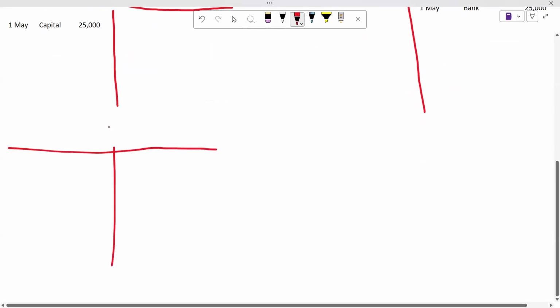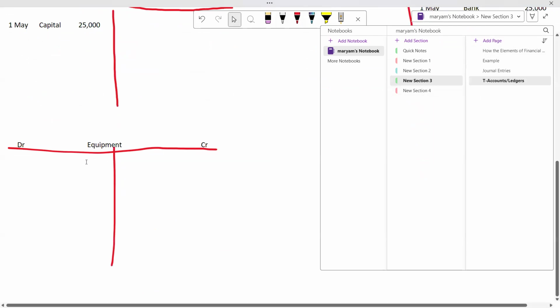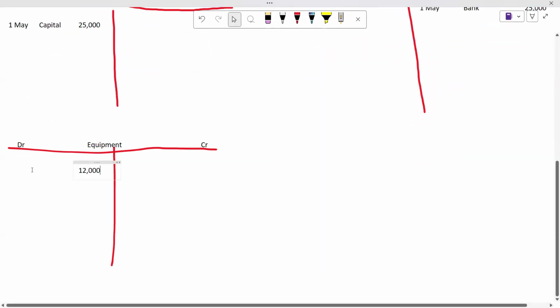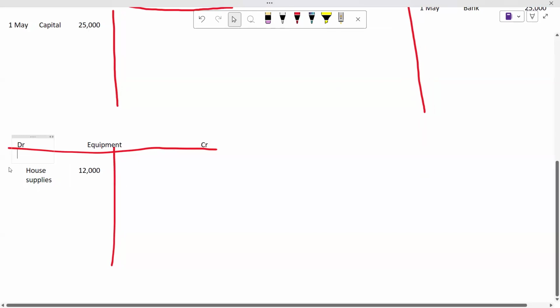Equipment is being debited for 12,000. House supplies is the reason why the equipment is being debited. And let's just say it happened on 3rd May.